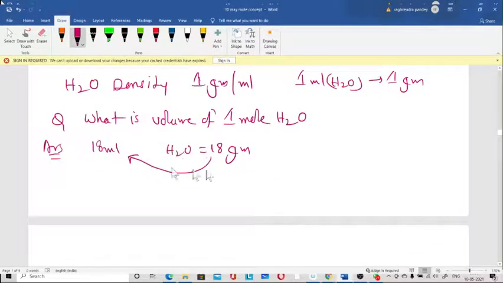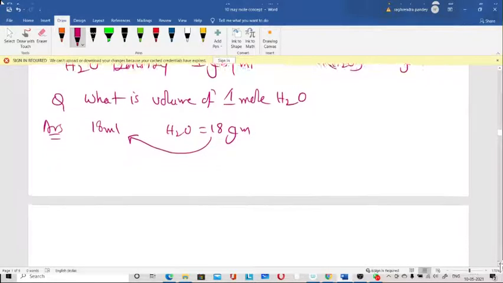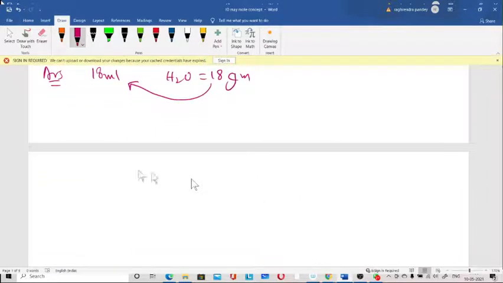So basically, mass and volume are directly proportional through density. You take some other liquid, suppose propanol.